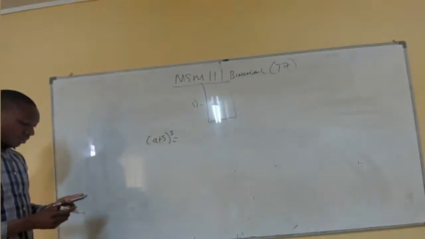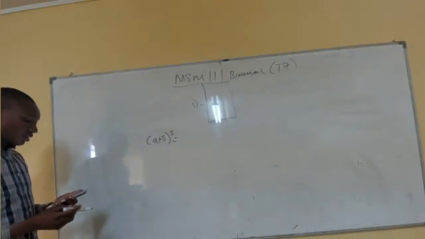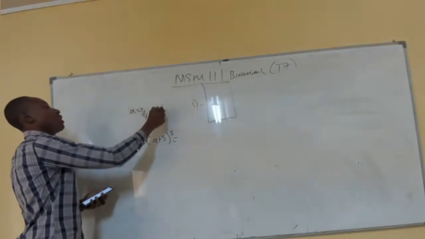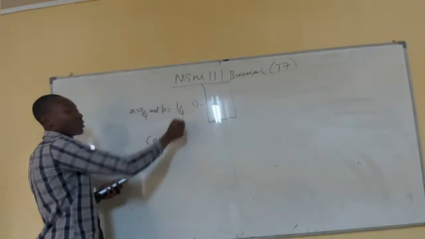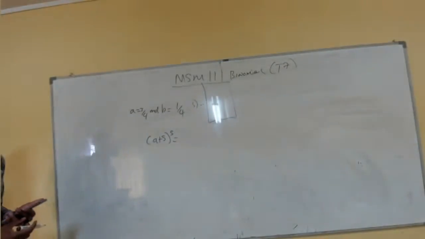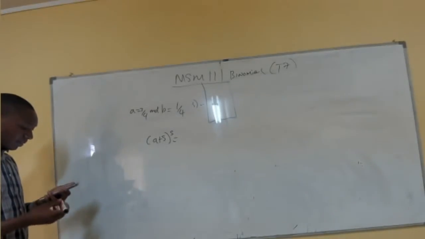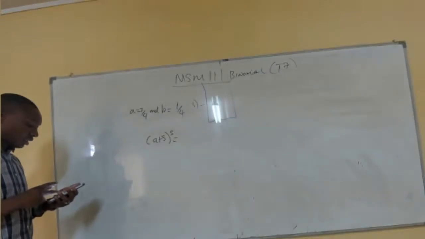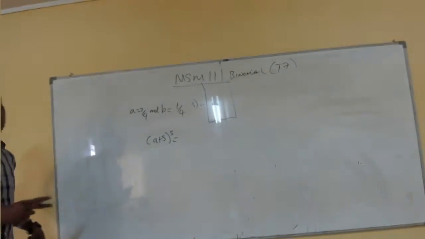Okay, a is given as 3 over 4, and b is given as 1 over 4. The question is, find the value as a fraction of the fourth term of the expansion. So we're looking for the fourth term.